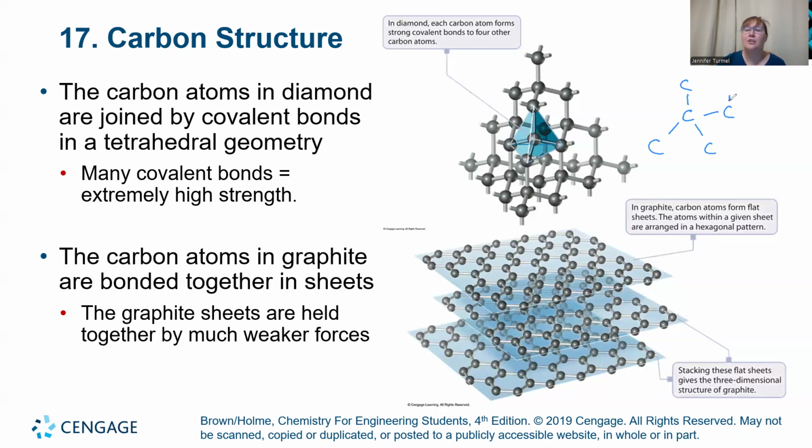And then you come up here to another carbon, and carbon, and carbon. You can see how these work. So we can come up to a carbon, and a carbon, and a carbon, and here we'll come out to a carbon and a carbon and a carbon and a carbon.